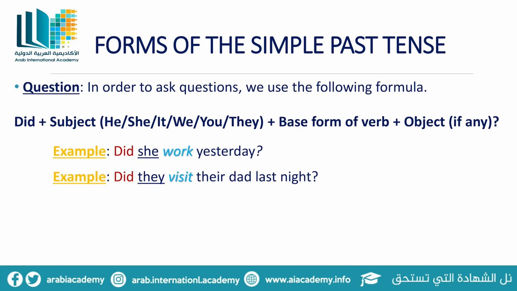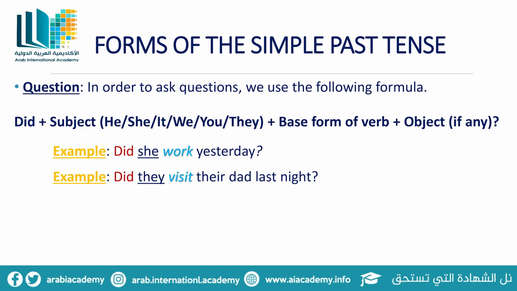So the question will be, did she work yesterday? So the question started with did, then the subject, which is she, then the main verb in its base form. We do not add ed, we do not change it, we do not do anything.